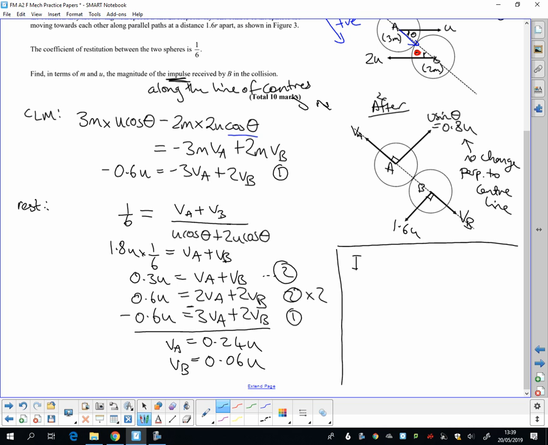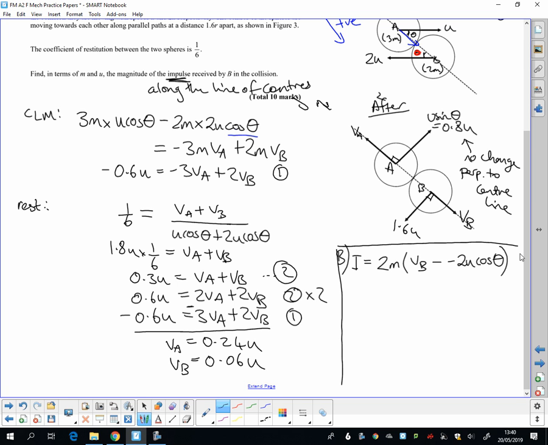So our impulse is going to be my change in momentum. I'm going to look at particle B. If I look at particle B, its mass was 2m. Its final velocity is in this direction, what I've called VB. Subtract the initial velocity. Now, the velocity along that line was going in the opposite direction, so that's going to be negative relatively.